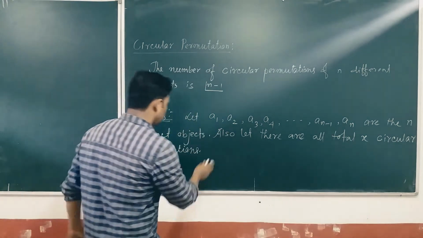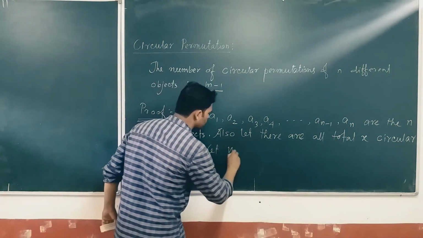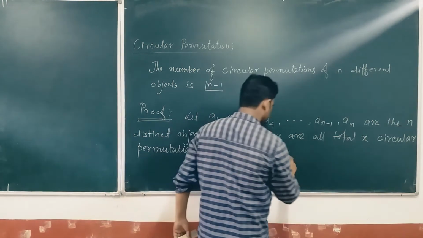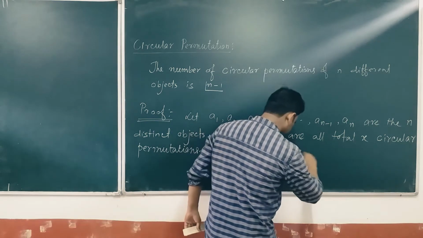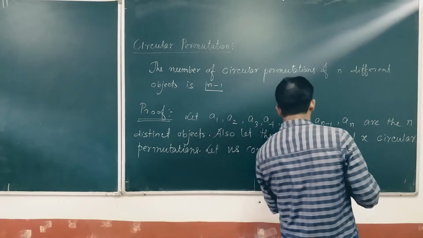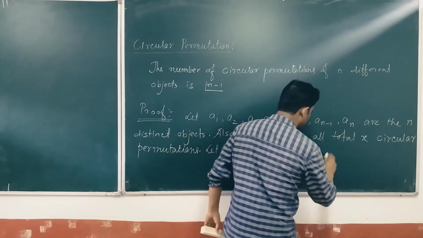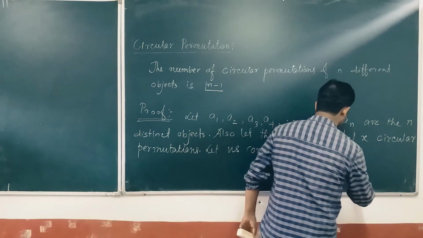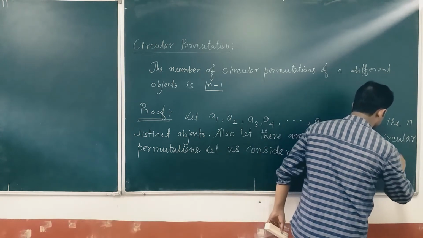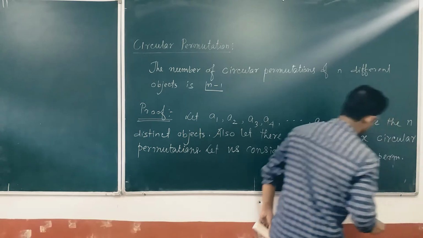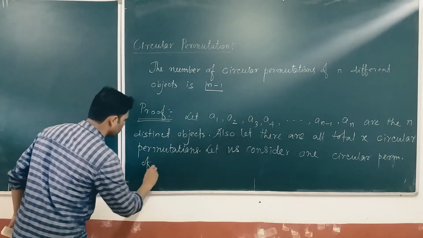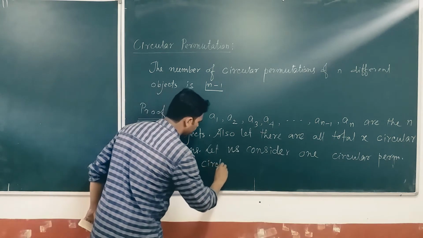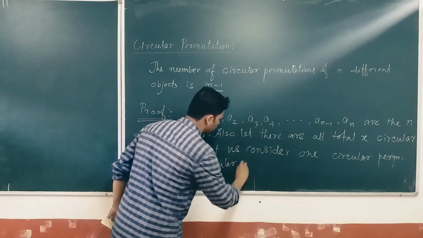So you take here, let us consider one circular permutation out of these x circular permutations.